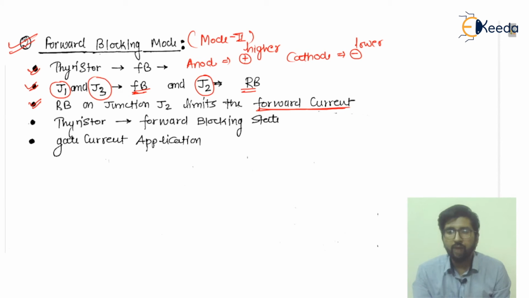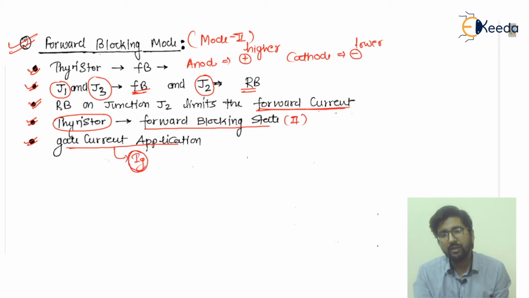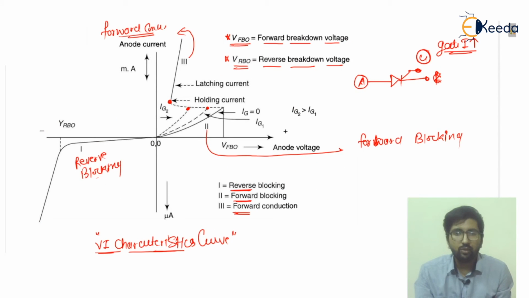Now the point number 4 says that if we have the thyristor in the forward blocking state, that is state number 2, then these are the conditions. If we talk about the gate current application, that is IG.